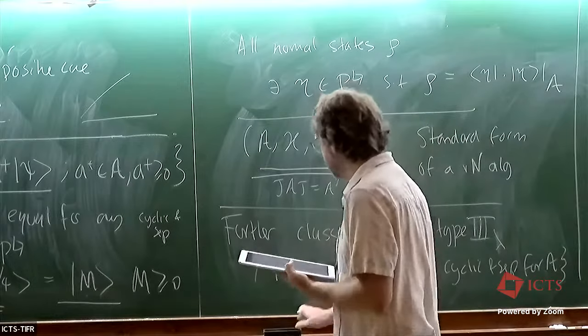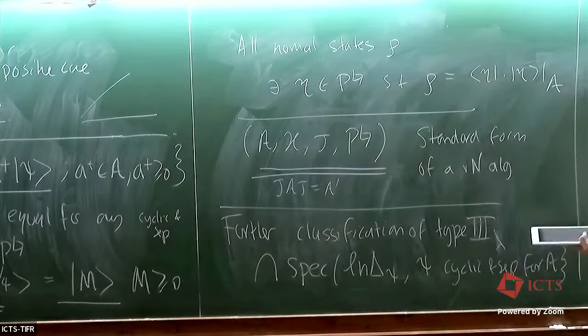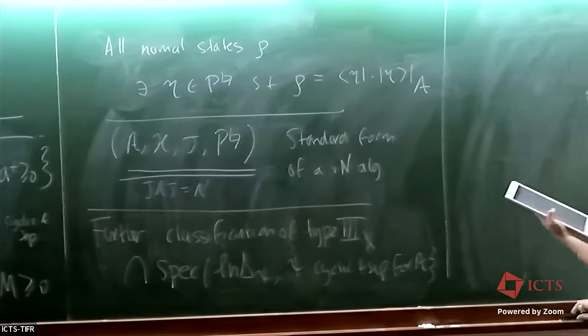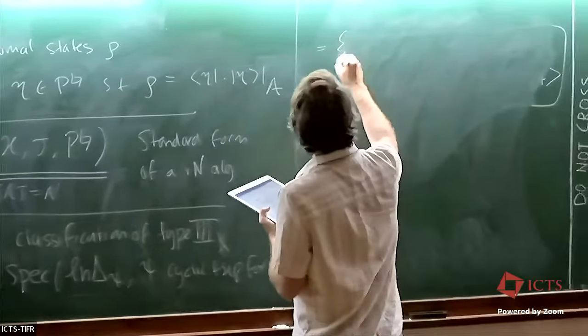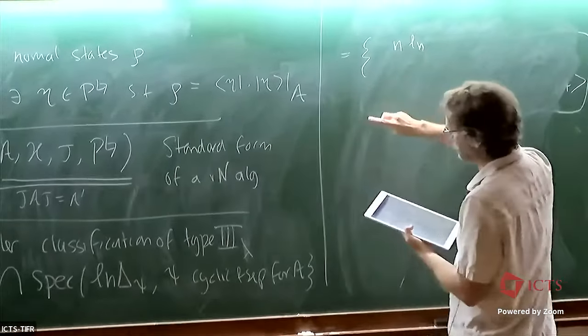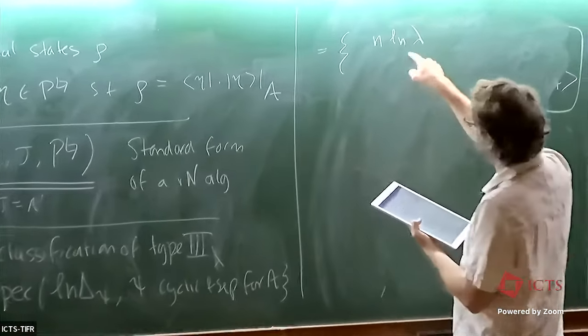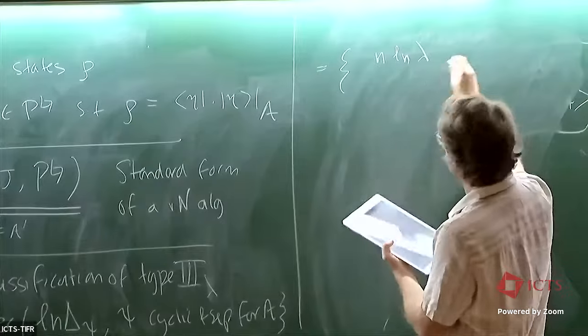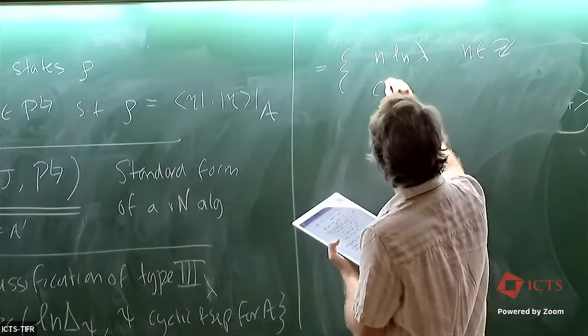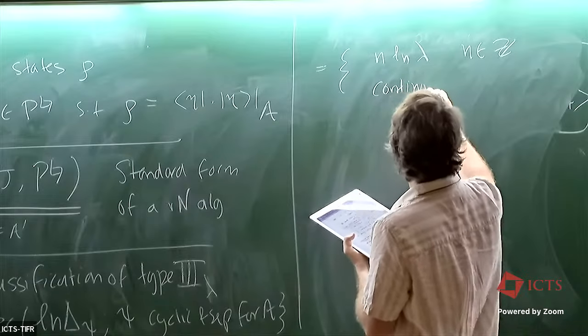If I take the intersection of all of the possible spectra, then I get some possibilities. In general, it's going to be some lattice subset of the real line. So I could get integers times log of some number, or I could get everything, so it's a continuous spectrum.